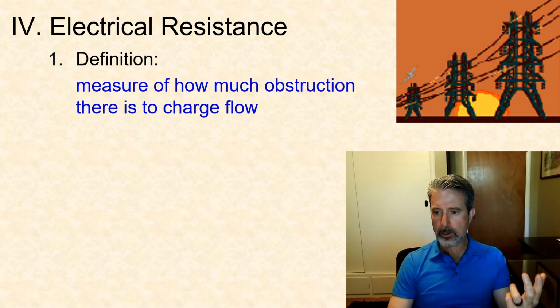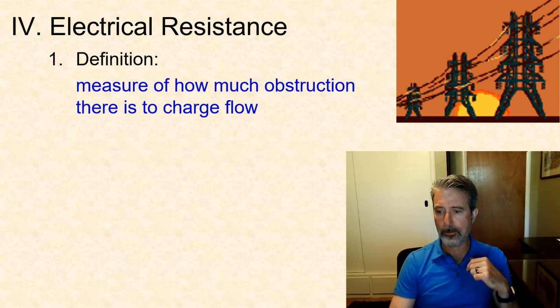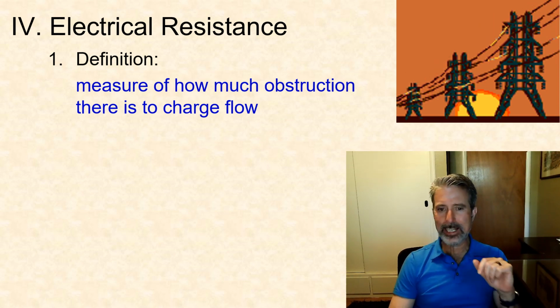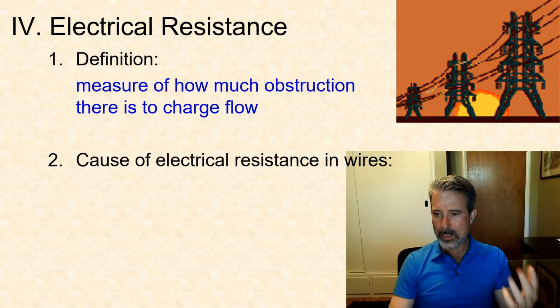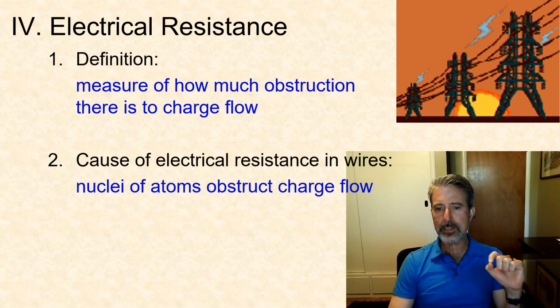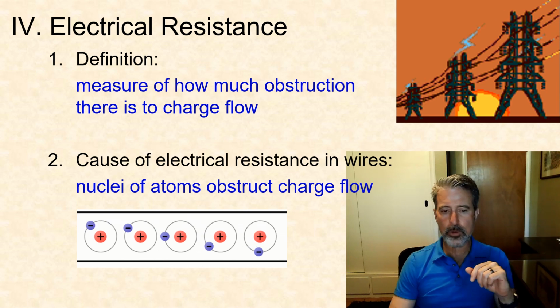As charge carriers in a wire, and for metallic conductors these are the electrons, try to move in a wire, there's obstruction, stuff's getting in their way. Well, what is this stuff in the case of metallic wires? It turns out that the nuclei of the atoms themselves, that is the protons and the neutrons in the nucleus, get in the way of those electrons flowing down a wire, as this simulation nicely shows you here.